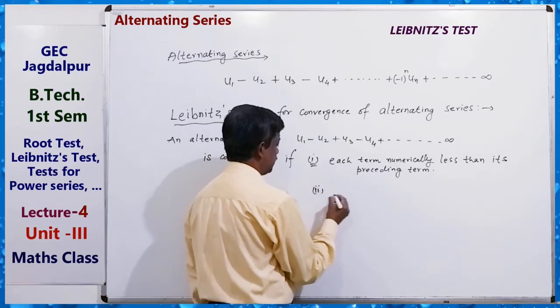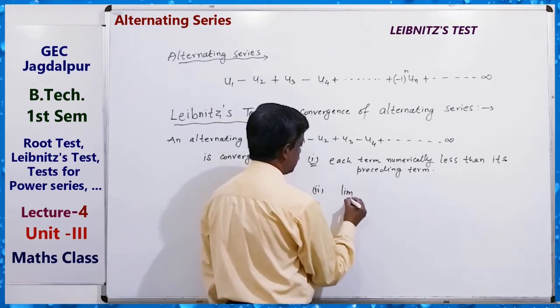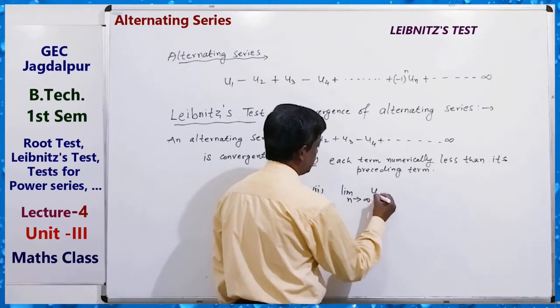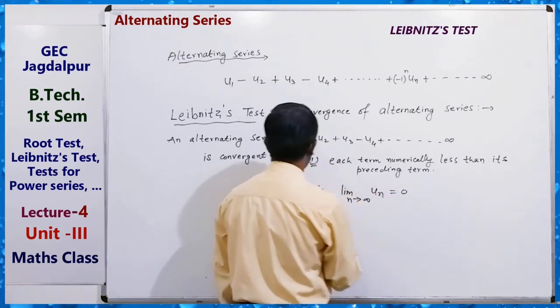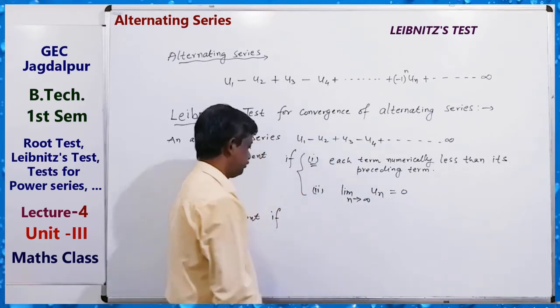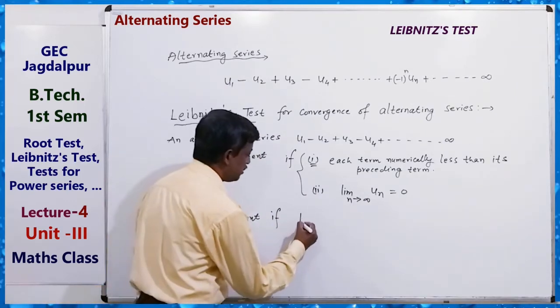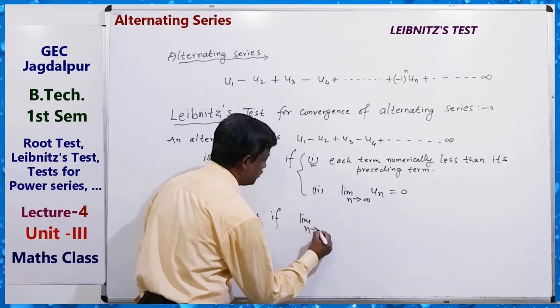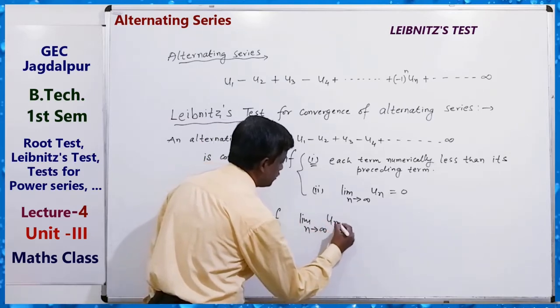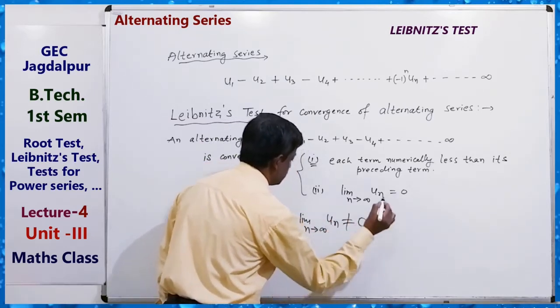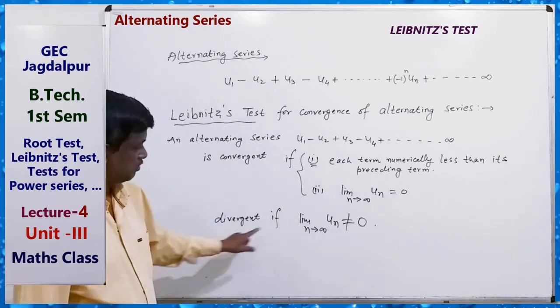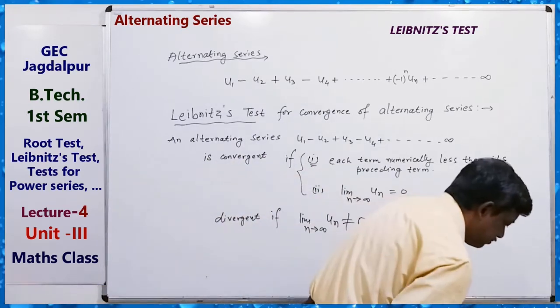Second, limit as n tends to infinity of un equals 0. Clear? It is divergent if limit as n tends to infinity of un is not equal to 0; it oscillates.